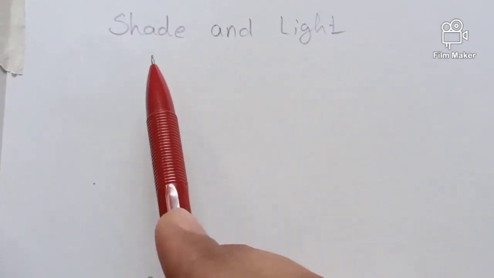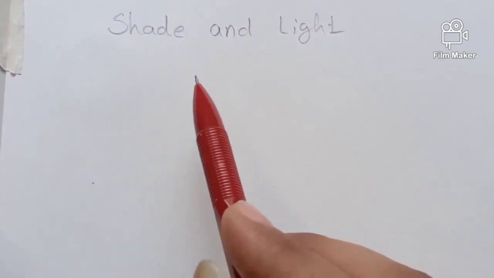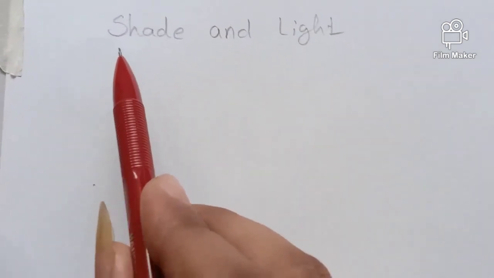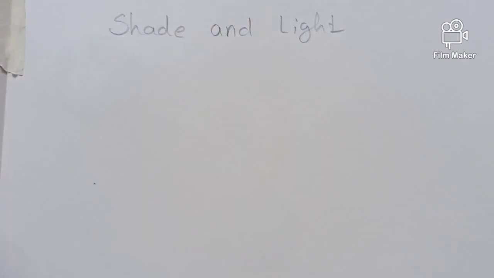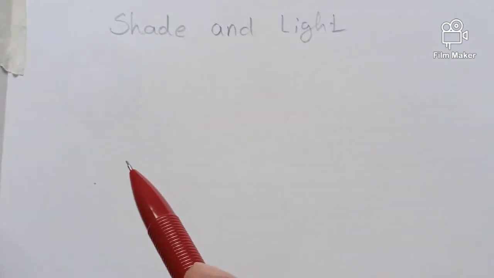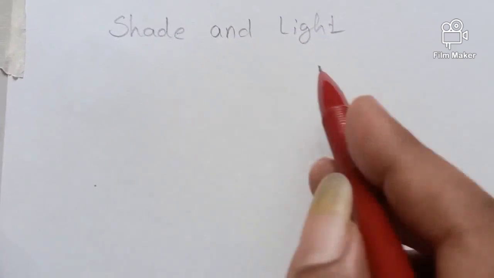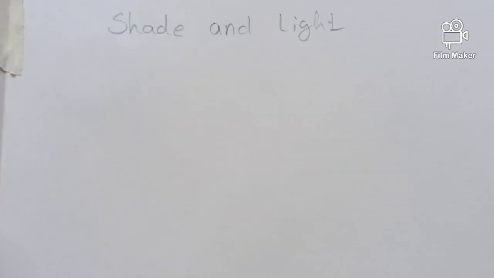So without light, nothing is there. But as we know, night and day are connected with each other. Your shade and light are connected with each other. Without shade, there is no light. Without light, there is no shade. Okay, so I am going to teach you how to utilize this shade and light in our drawing.